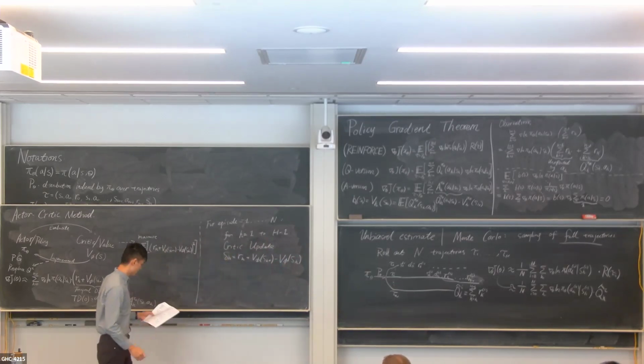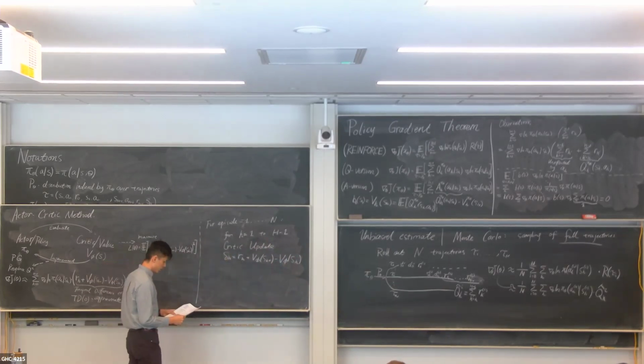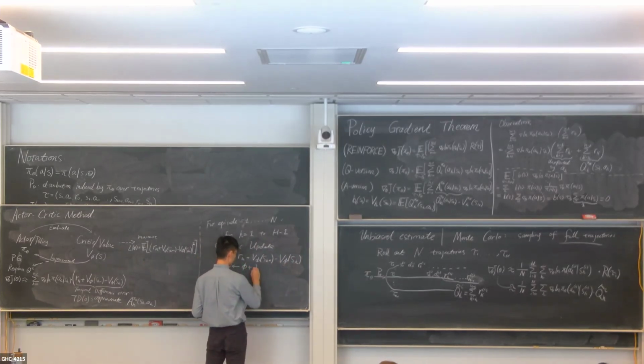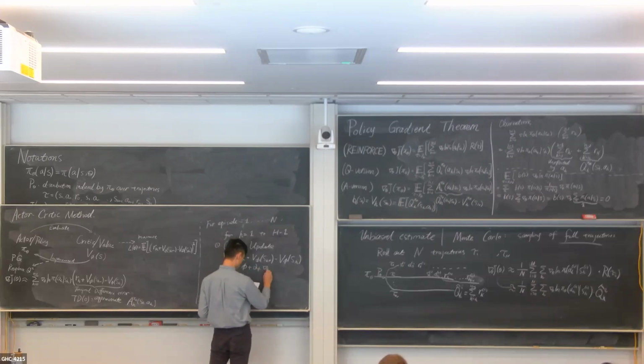Okay. There are some details, but basically we'll do a gradient update that looks like some learning rate times the gradient of this. Should be a delta somewhere.